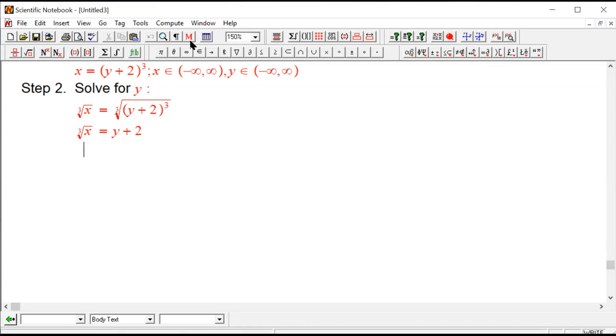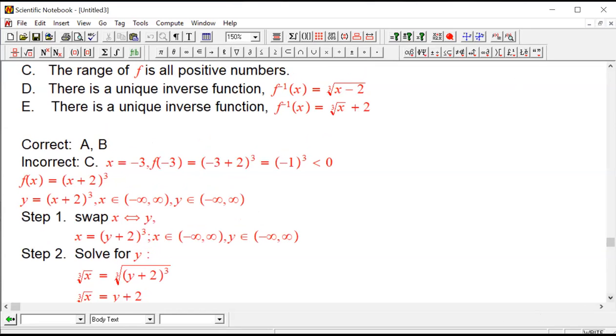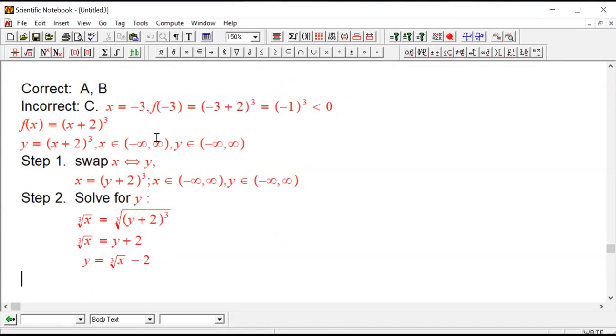So in the end, we get y equals the cubic root of x minus 2. If you look at D and E, the answers given there, compared with the true inverse we have here, they're not the same. So none of them is correct. The inverse equals this function, and the domain is all real numbers.